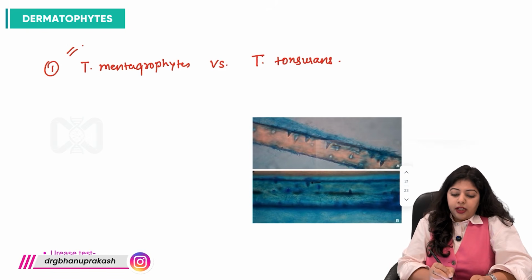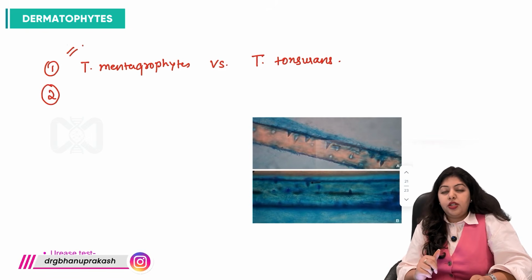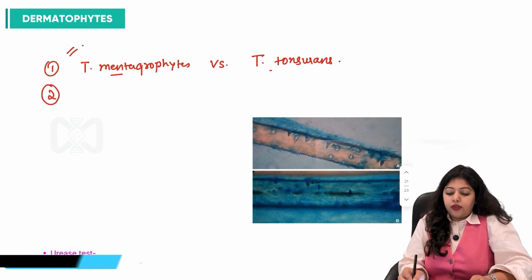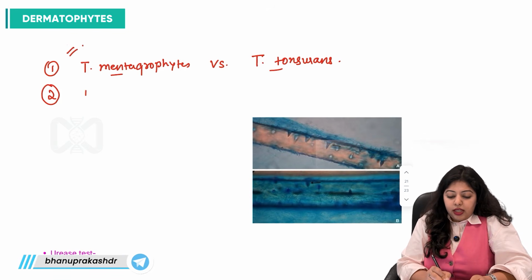And two other species of Microsporum are also differentiated by the hair perforation test. These are Microsporum canis versus Microsporum equinum.